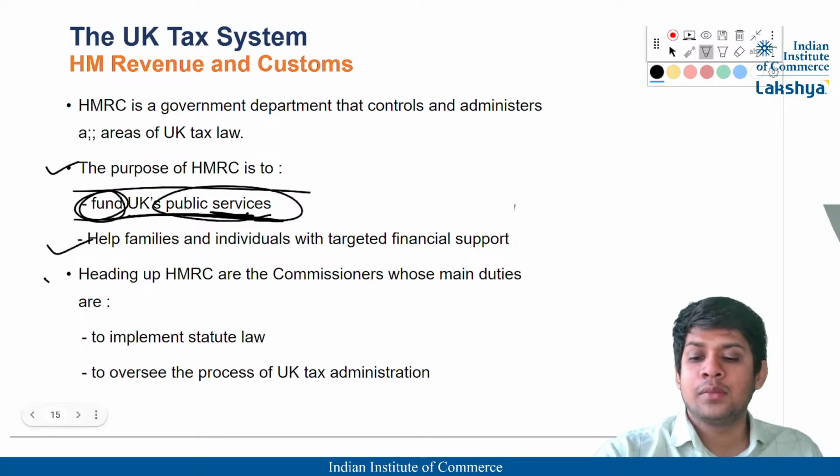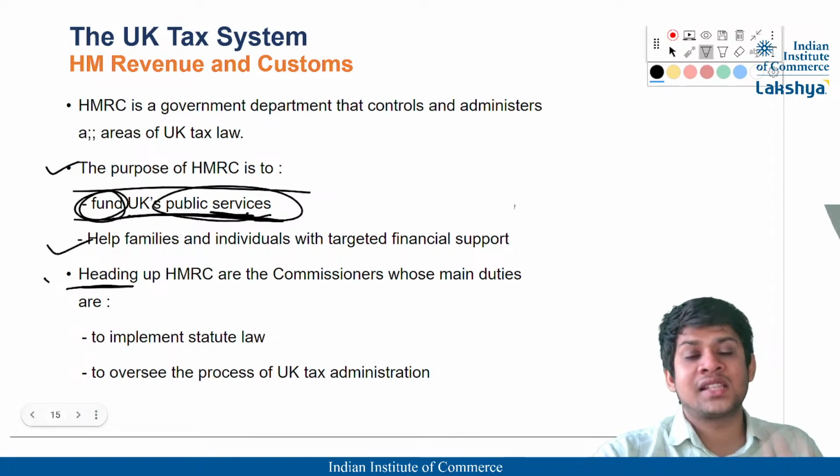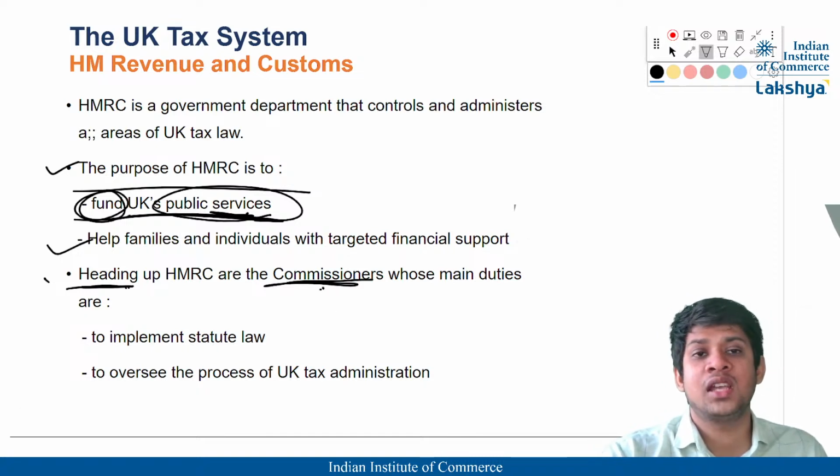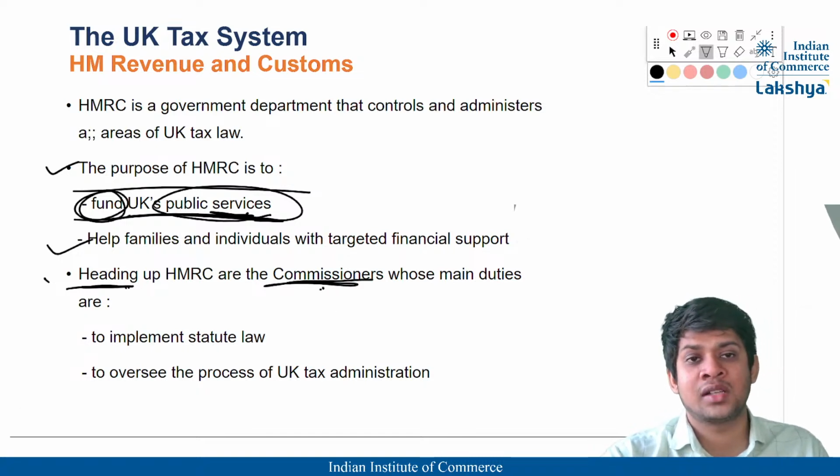Okay. Then comes the heading of HMRC. HMRC's tax rules and tax legislation are mainly headed by the commissioners. The people who head HMRC are known as commissioners, and the other staff of HMRC are known as officers of HMRC.